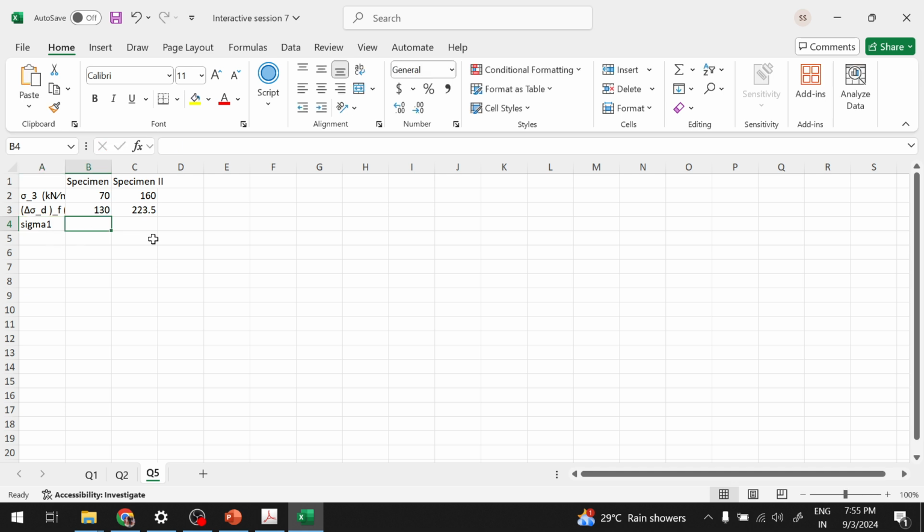Sigma 1 will be sigma 3 plus sigma d, and also for this. So we know sigma 1, we know sigma 3, and what is it that we require? We know the principal stresses. Okay, we can draw the circles.